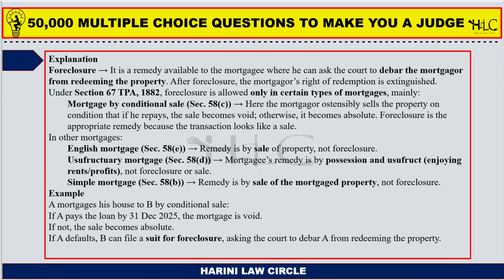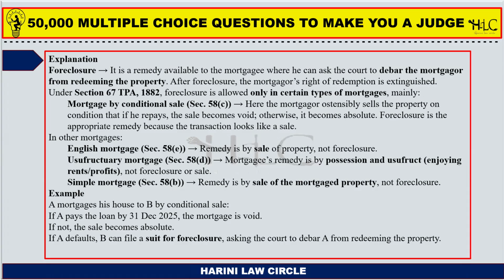English mortgage is mentioned under Section 58E, which is known as remedy by sale of property, not foreclosure, and usufructuary mortgage is mentioned under Section 58, subclause D, whereas the mortgagee has a remedy by possession and usufruct. Usufruct means enjoying the rents or profits. The benefit which is gained from the property is being enjoyed.